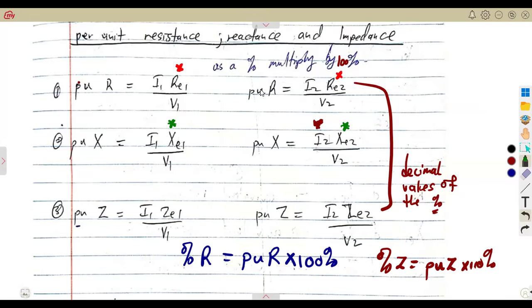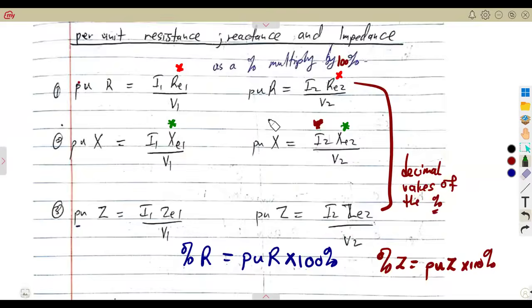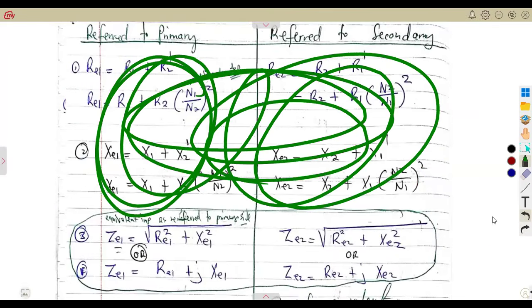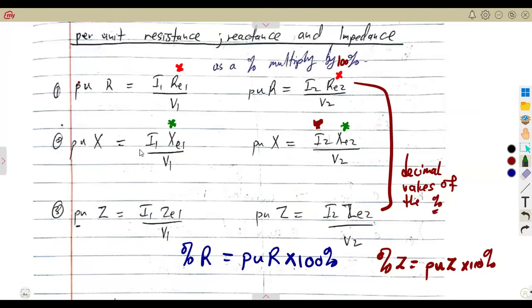So as we do need these values of the equivalent reactance and equivalent resistance, we must not only think of these formulas that I talked about, but we must think along also where these are obtained.